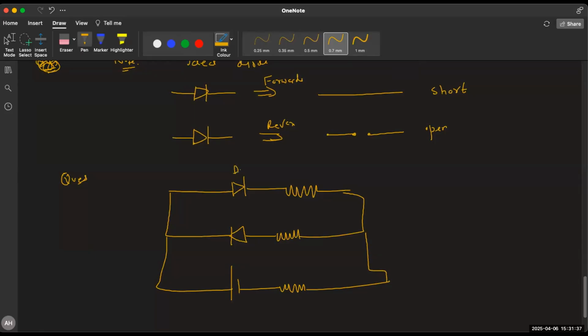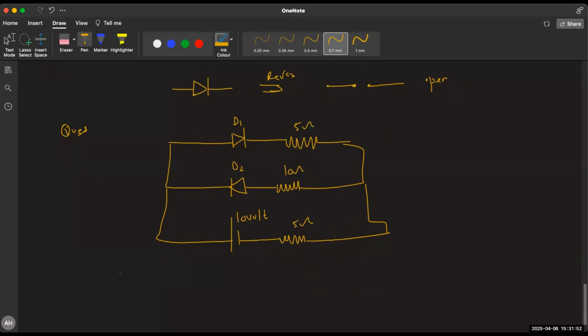This is diode 1, this is diode 2, this is 5 ohm, this is 10 ohm, this is 5 ohm, and this is 10 volt. You're supposed to calculate R equivalent.